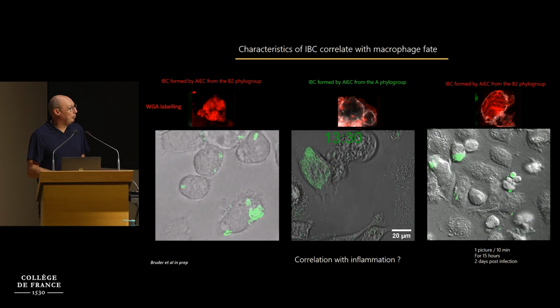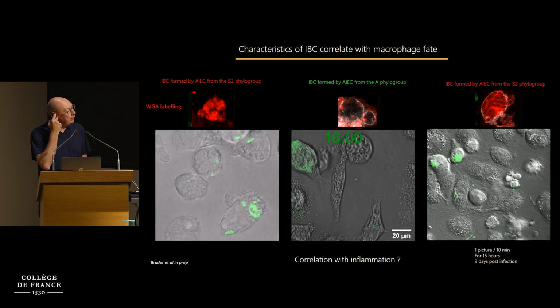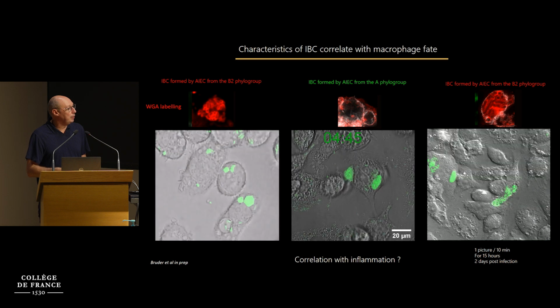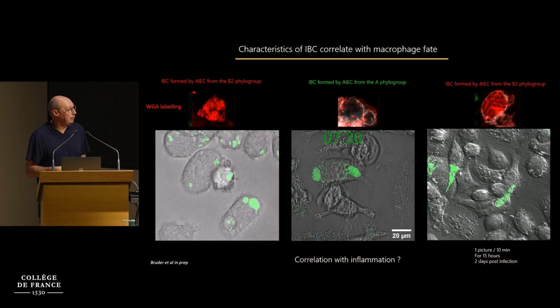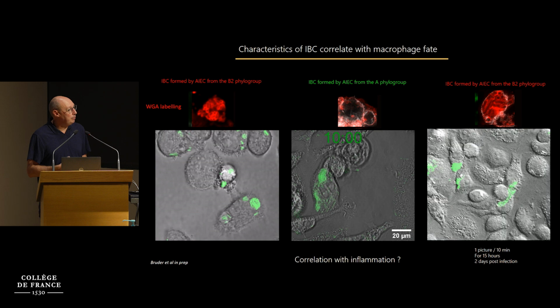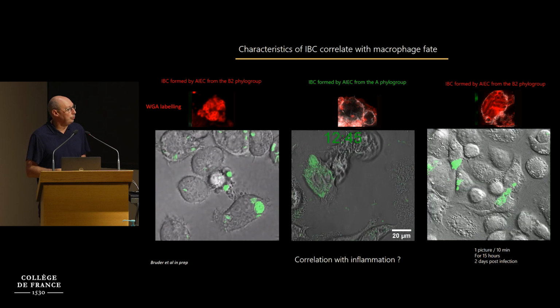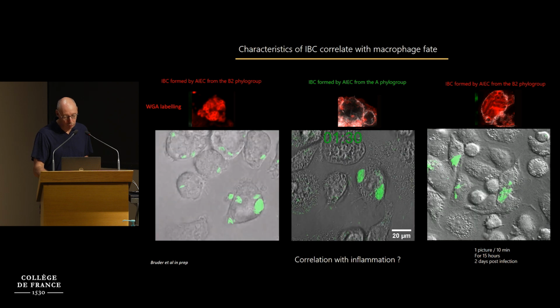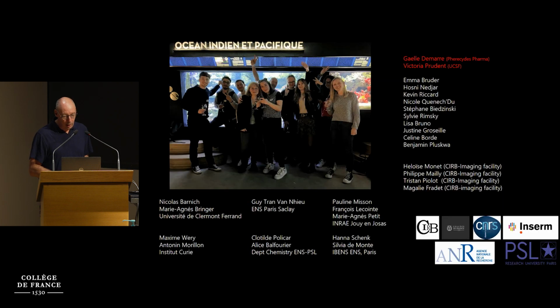And we think, and our collaborator in Clermont-Ferrand thinks, that this could also be instrumental to understand the difference in inflammation in patients. And they are trying to address that in tissues from patients. Well, I stop here.